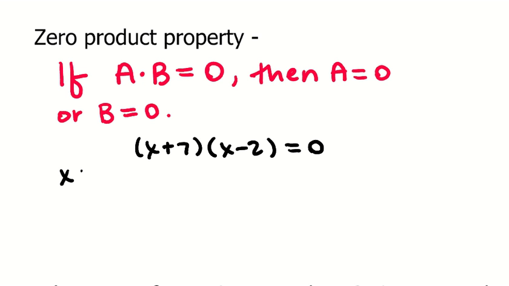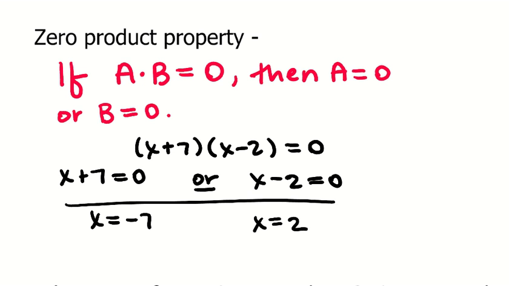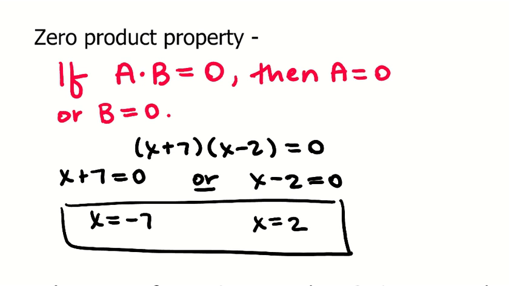So either x plus 7 equals 0, or maybe x minus 2 equals 0. And then this is something we know how to solve. I'll subtract 7 from both sides over here, and I'll get x equals negative 7. And over here, I'll add 2 to both sides, and I'll get x equals 2. Those are the solutions to that equation. This is an equation that has more than one solution.